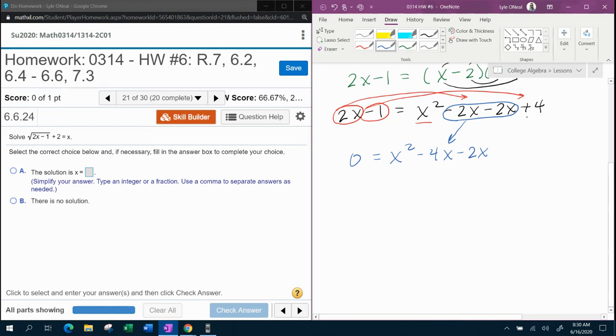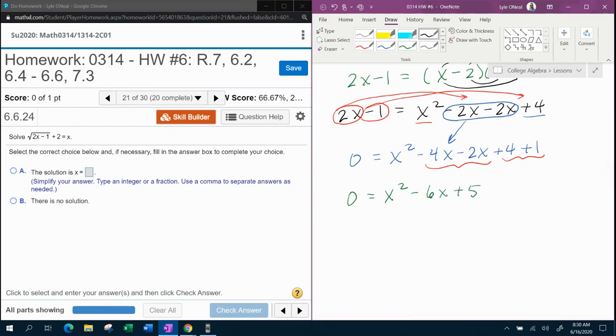And so then we have our plus 4, and our minus 1 comes over and makes a plus 1. And now we need to combine like terms one more time, and that's going to give us 0 equals x squared minus 6x plus 5.